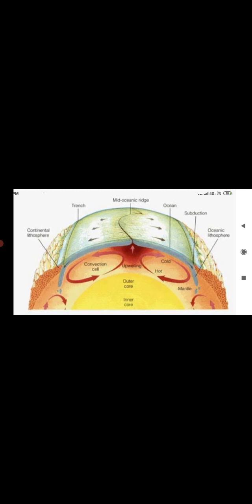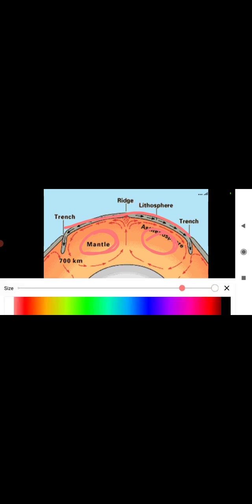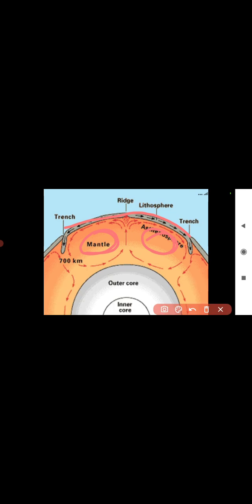In this image, you can see these are the convection cells. These are also convection cells. A convection cell moves in a particular direction like a cell. So what was the idea behind this? In this image we can see this is a convection cell, this is also a convection cell, and this is the lithosphere's layer. Now let us see what's actually the reason.